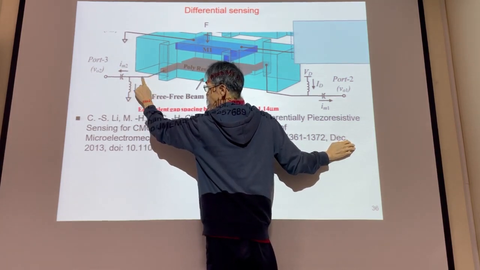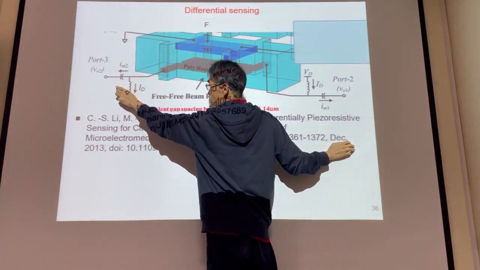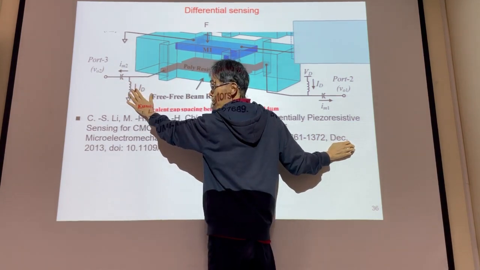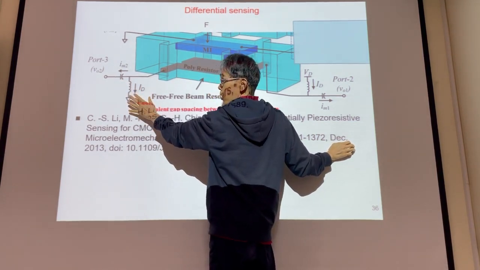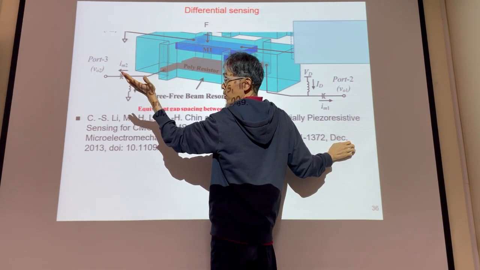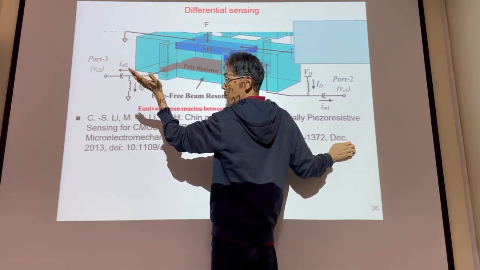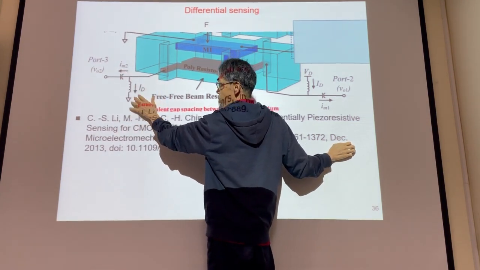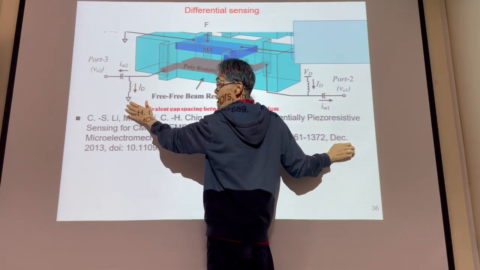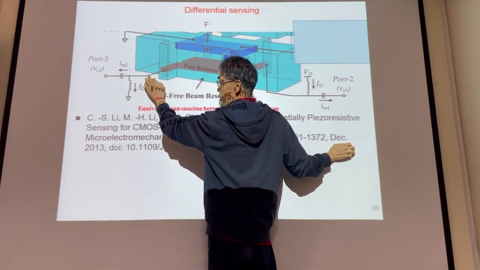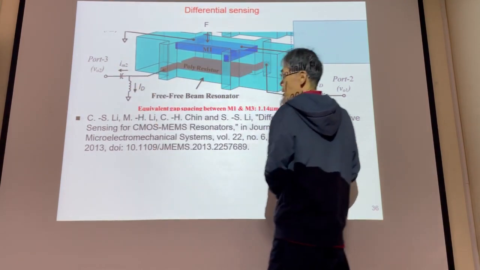But the AC signal can go through this way, because for the AC signal, the capacitor could look like a resistor. But for the DC signal, the capacitor is like an open circuit. So the DC signal cannot go through this one.